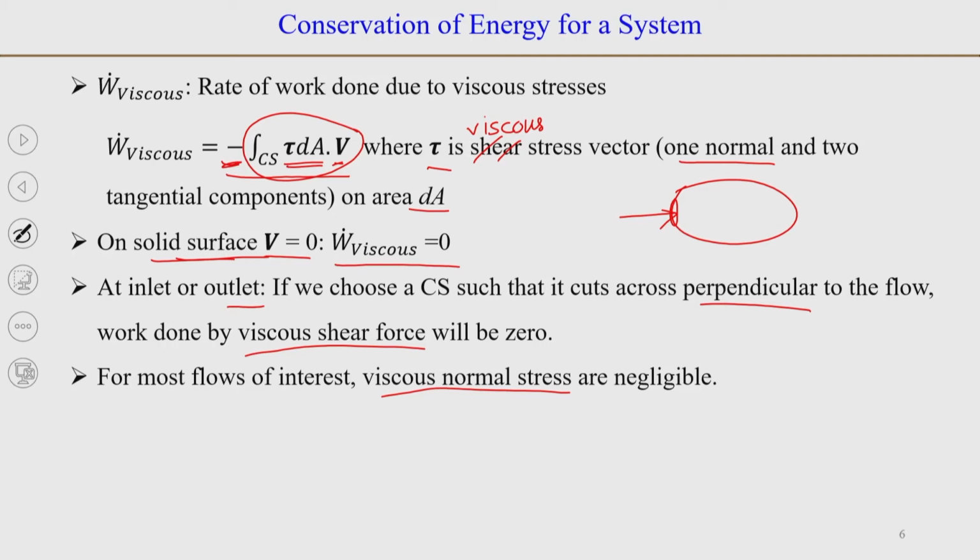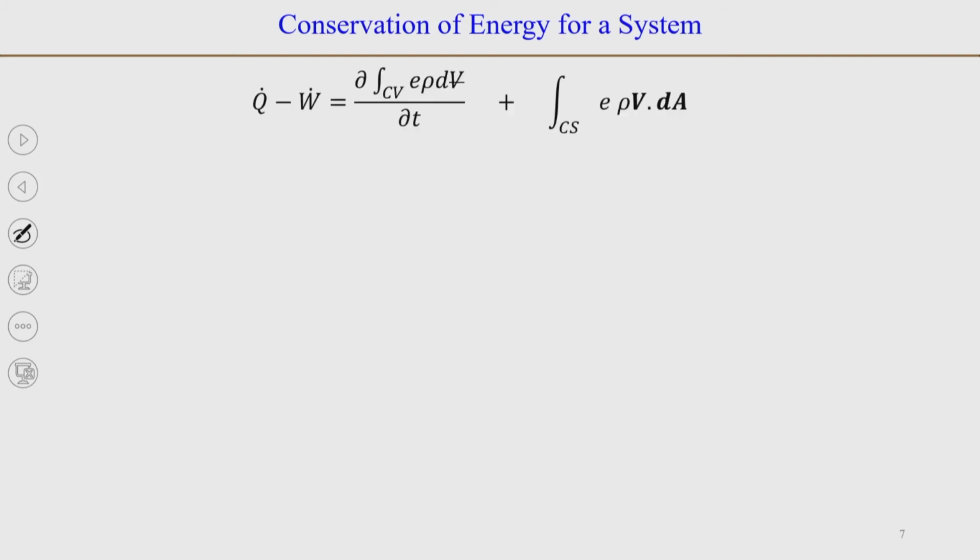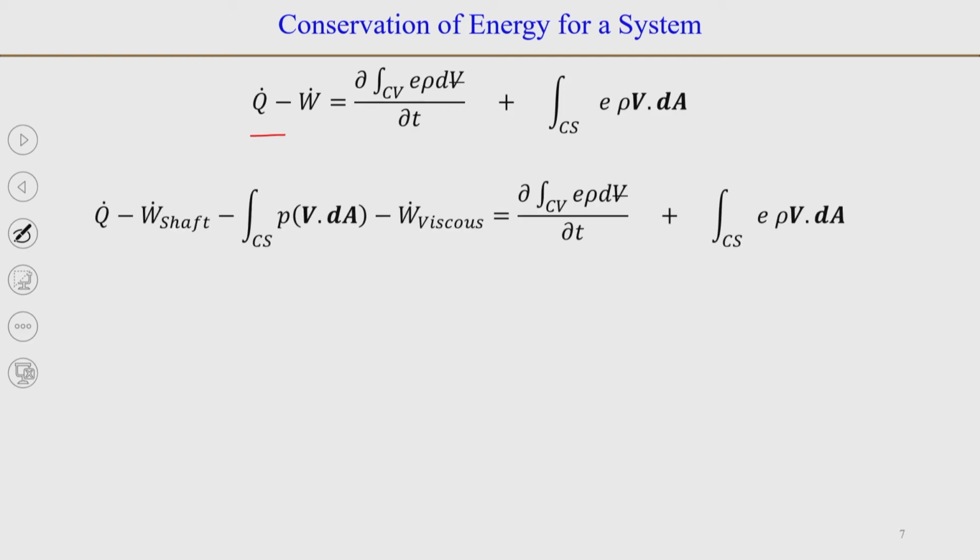So, with these 3 different components of viscous stress, we can write down the general formulation of energy conservation for a control volume.